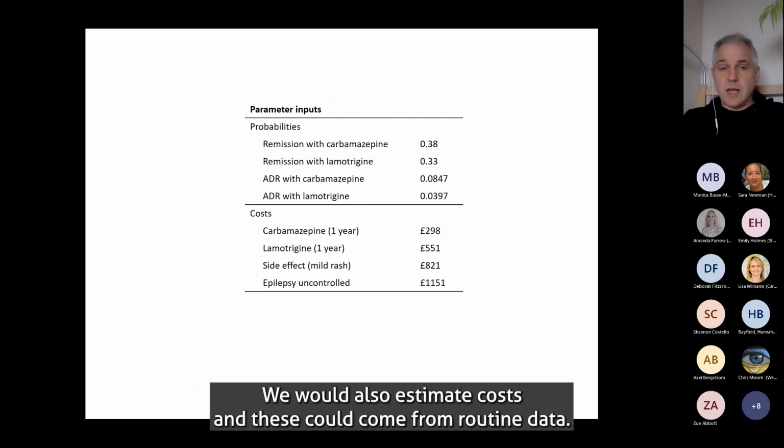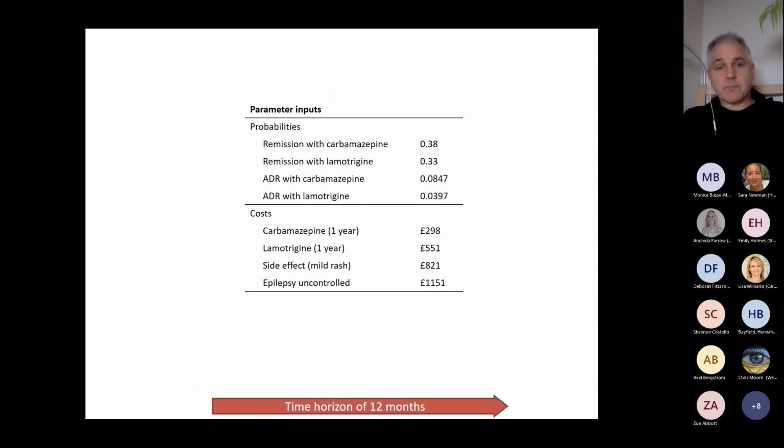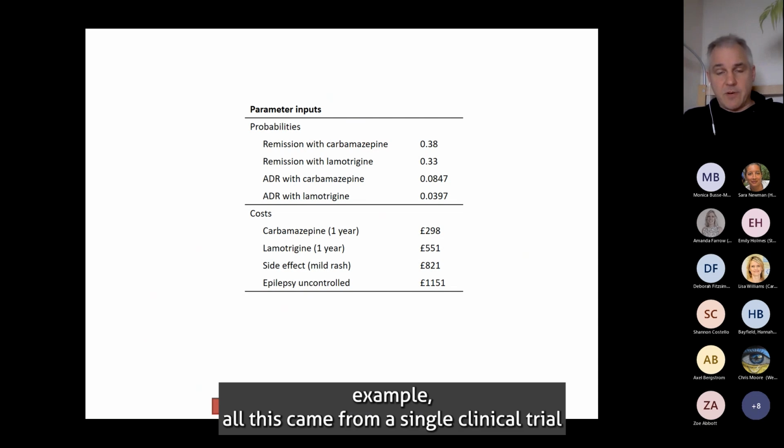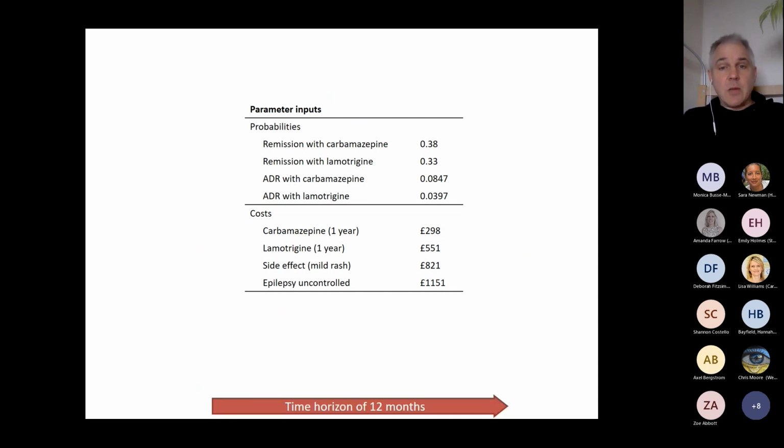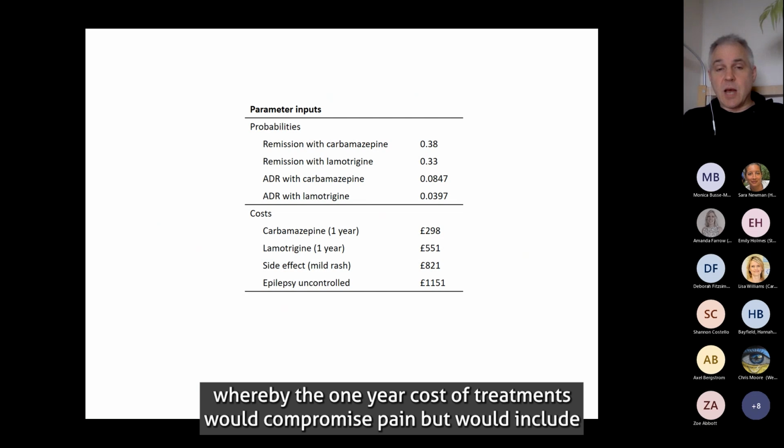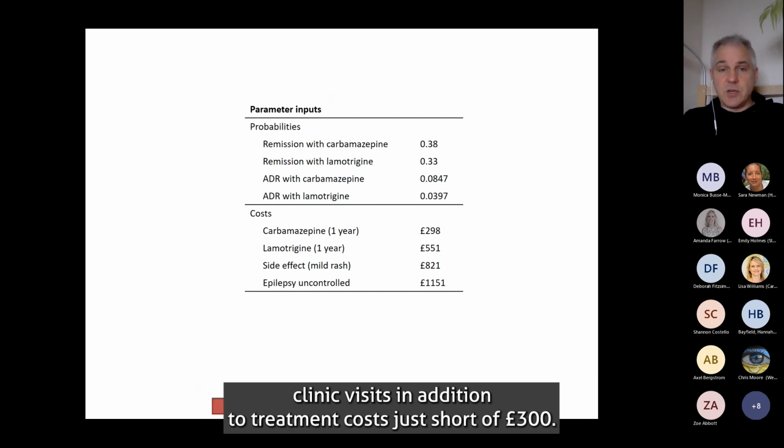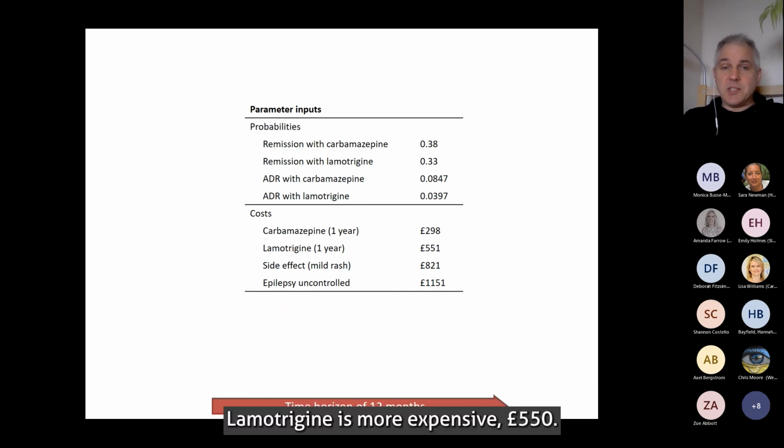We would also estimate costs, and these could come from routine data. In this example, all this came from a single clinical trial, whereby the 1-year cost of treatment with carbamazepine, which would include clinic visits in addition to treatment costs, was just short of £300. Lamotrigine is more expensive, £550.